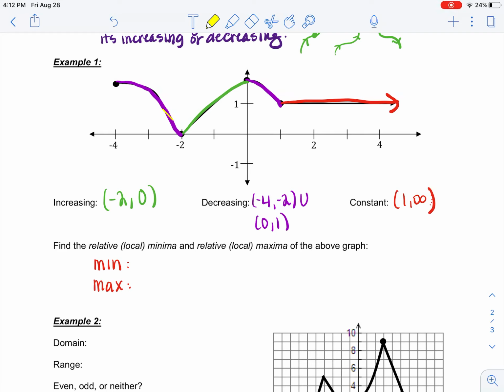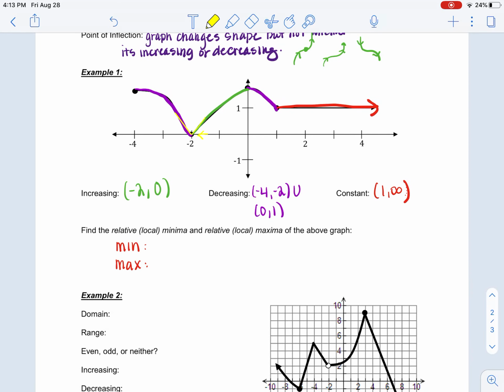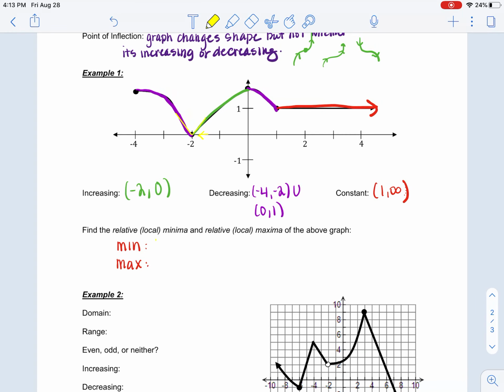Okay, so this goes from decreasing to increasing, right? Decreasing to increasing, so this is a relative minima. And then nowhere else on my graph does it go from decreasing to increasing, right? So people will accidentally say that this goes from decreasing to increasing. It doesn't. It goes from decreasing to a constant. So that's my only minima, so it has to be my absolute minima also. So your relative minima is the y value of 0.